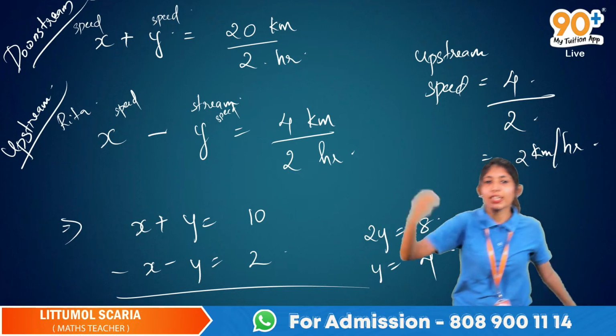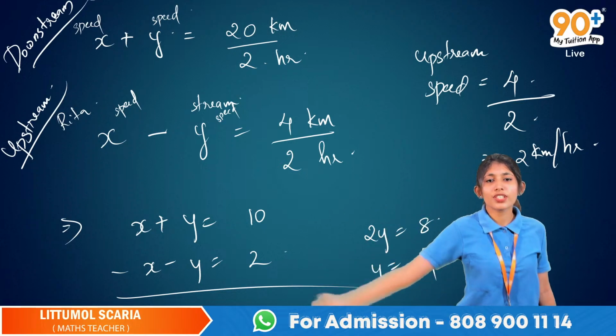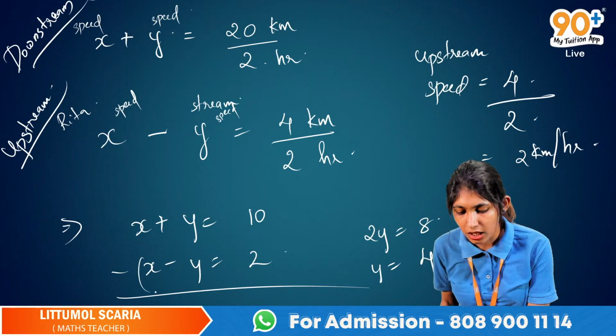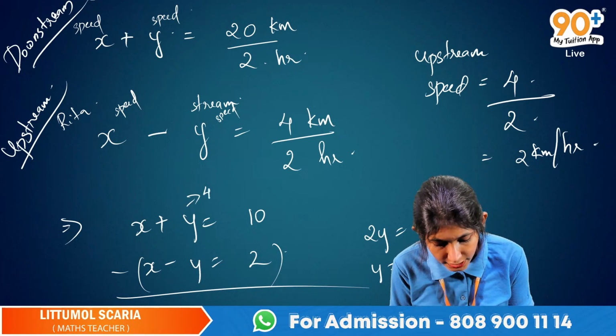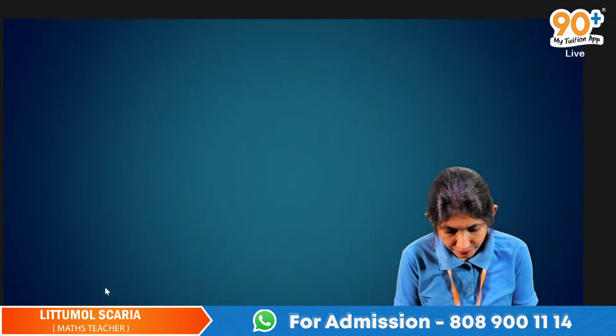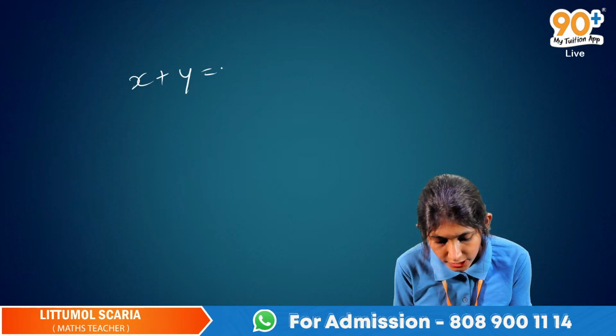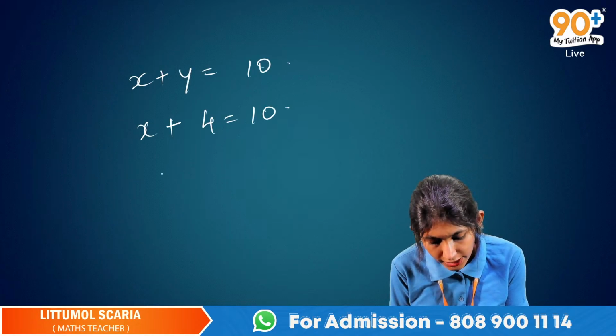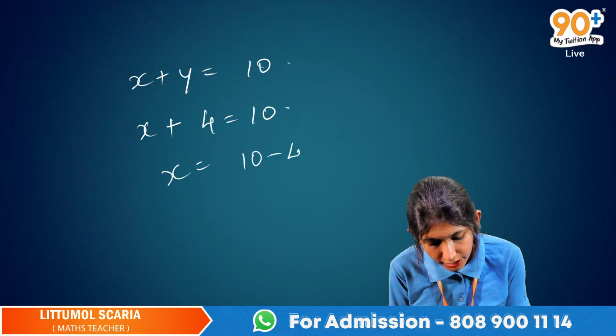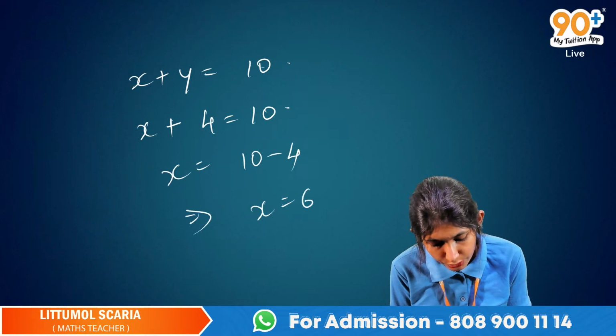Now substitute into either equation. You can use the first or the second equation. Y is equal to 4. What is x? x plus y is equal to 10, so x plus 4 is equal to 10, x is equal to 10 minus 4, which implies x is equal to 6.